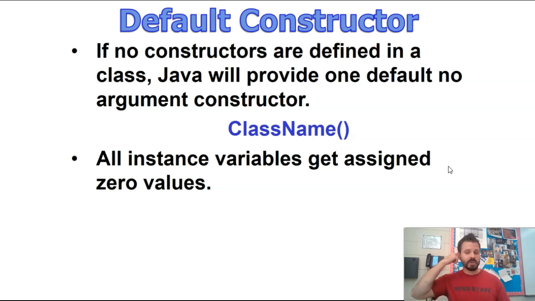And as far as how Java is going to assign values for that, all instance variables get assigned the 0 value when you call the default constructor. Okay, so ints and doubles get assigned 0 automatically, a Boolean would be assigned false. Okay, any type of objects like strings will be assigned null values to begin with.